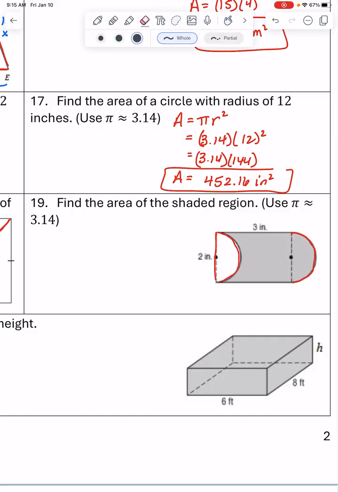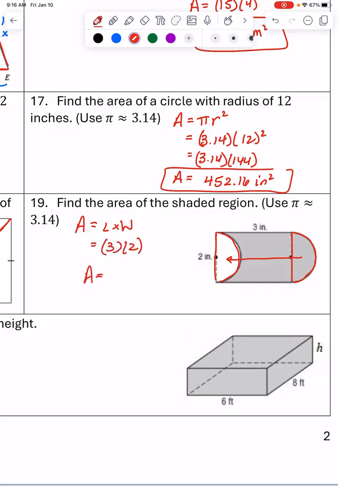So if we just take this and we shift it down there, we've just made a rectangle, right? So area of a rectangle, again, length times width. So the length would be 3, the width would be 2, so the area would just be 6 square inches. Don't even have to use pi, okay?